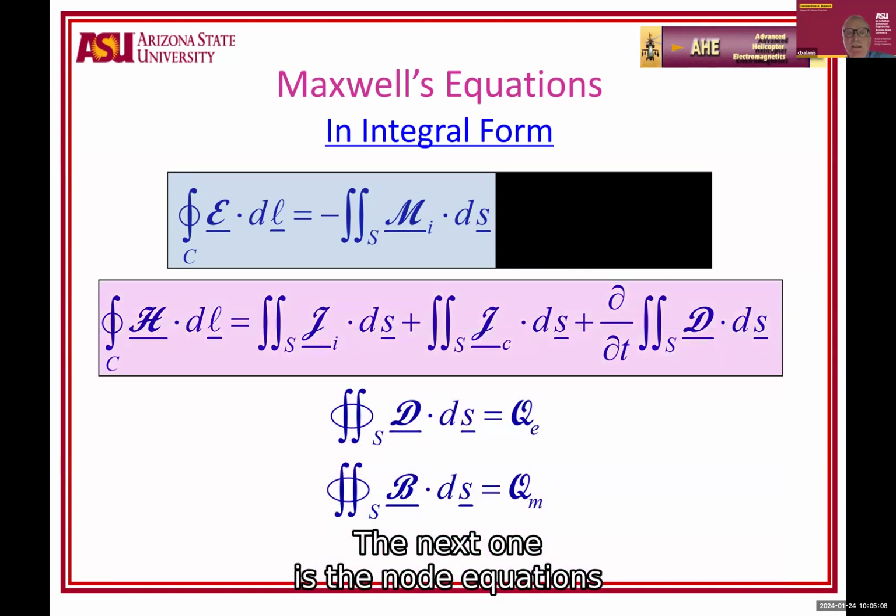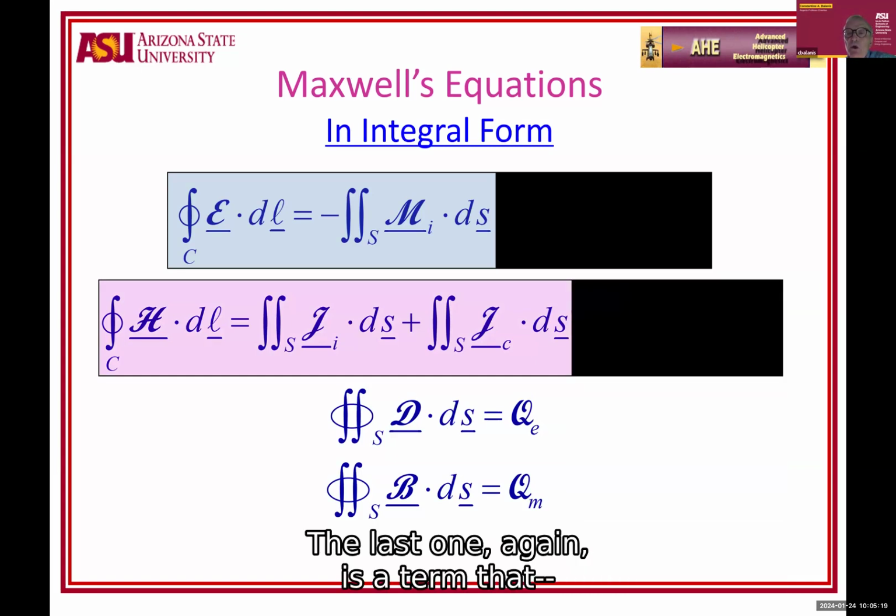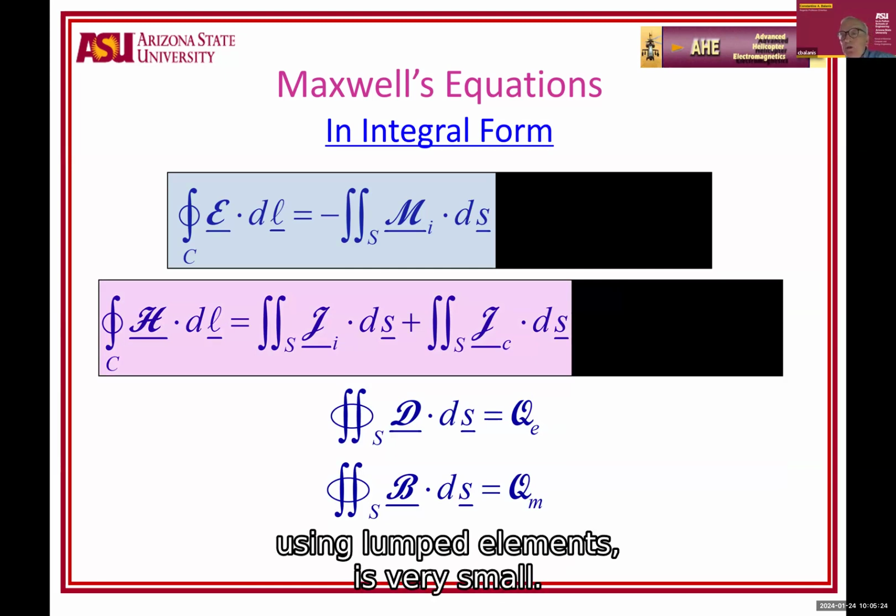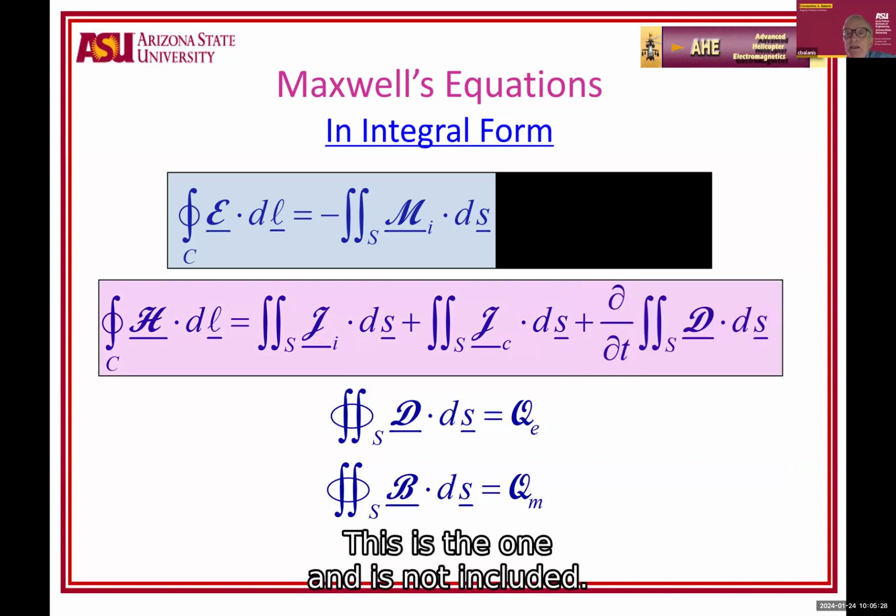The next one is the node equations in circuit theory, with all the terms. The last one, again, is a term that for low frequency circuit analysis using lumped elements is very small, and it is not included.